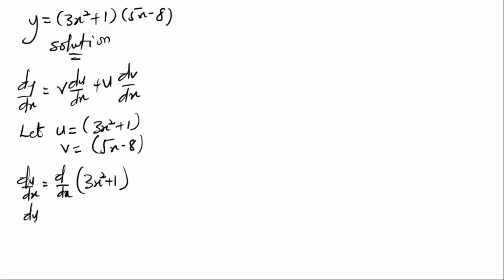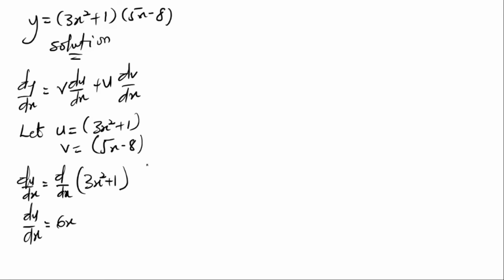Okay, so we have du/dx to be equal to, if we differentiate 3x squared, this power 2 here comes to multiply the 3, then we subtract 1 from the 2 over here, so it becomes 6x. Now this is a constant, so if we differentiate a constant, we get 0. Okay, so our du/dx is 6x.